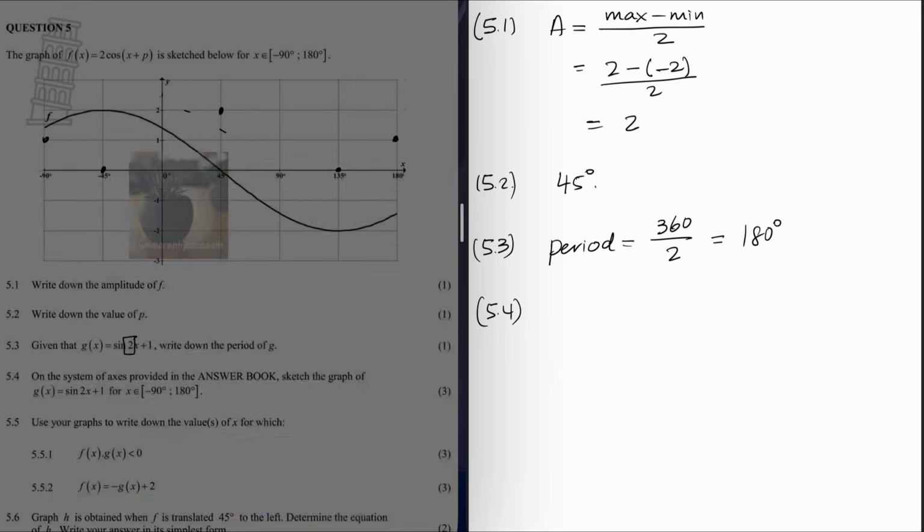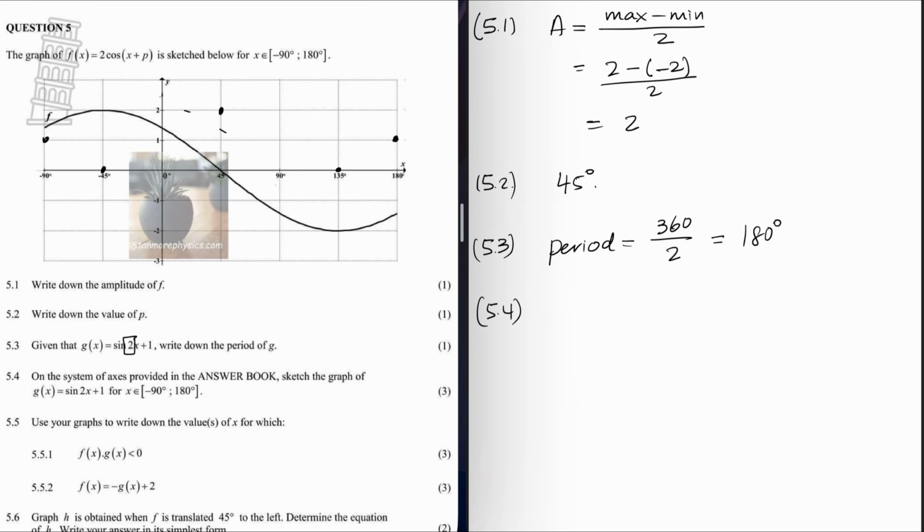So I'll use a different color. Let's go with the red. The graph looks something like that. Don't know why it's erased the whole thing, but try again. So something like that. Okay, so that's been done.